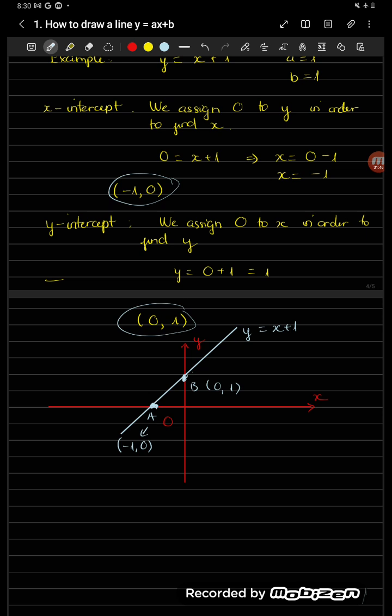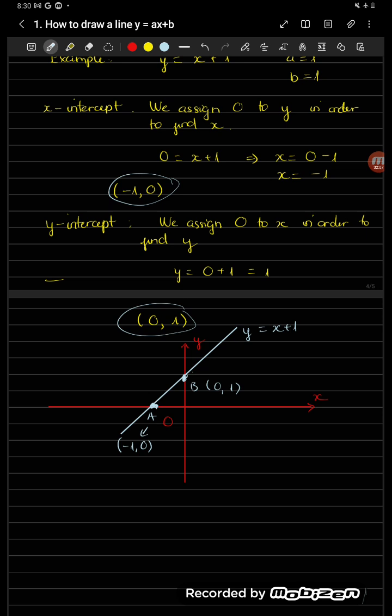But sometimes it's not the case, especially when you give x equal to 0 or y equal to 0 and you end up with the answer as a fraction. Then it's more difficult for you to draw or scale on your graph.